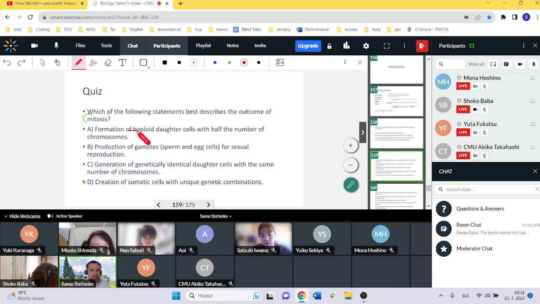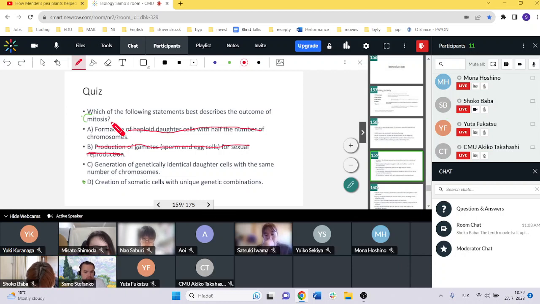What about B? B describes meiosis. Great. Production of gametes, sperm and egg cells for sexual reproduction. Gametes are highly related only to the process of meiosis, so nothing to do with mitosis. Great. C or D then.